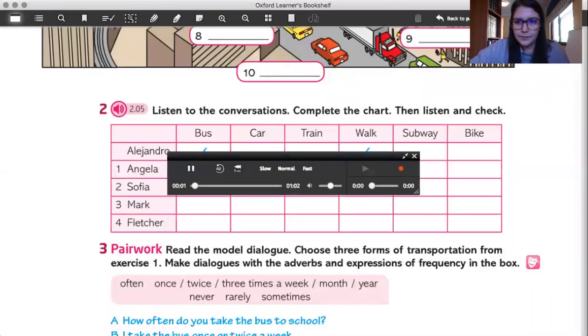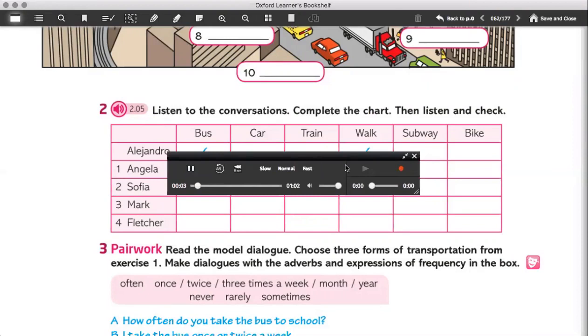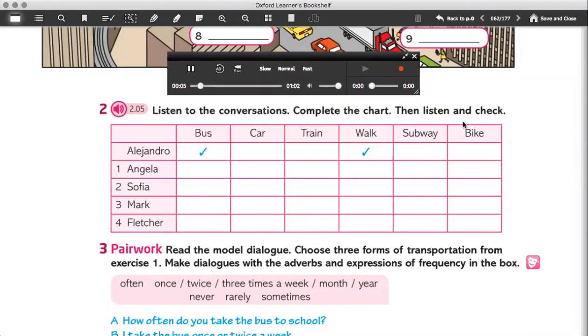Unit 6, Vocabulary, Transportation, page 62, Exercise 2. Example. How do you go to school, Alejandro? I usually take the bus, but I sometimes walk. 1. How do you go to school, Angela? I take a bus or the subway. I never walk. 2.